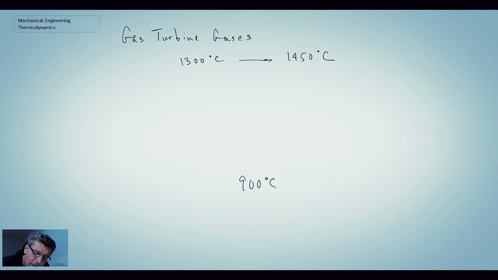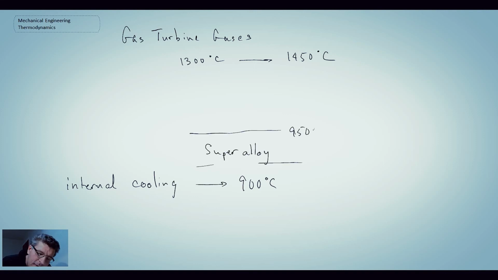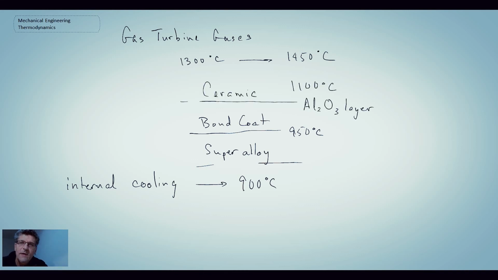So if we're at around 900 degrees C, that's what we get with internal cooling. It's somewhere in that ballpark. So these are the places where the efficiency of the gas turbine engine is going to increase.